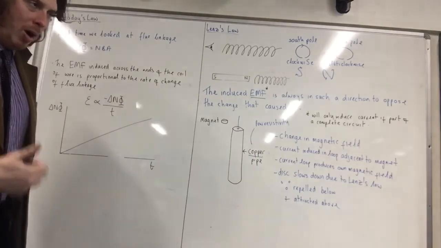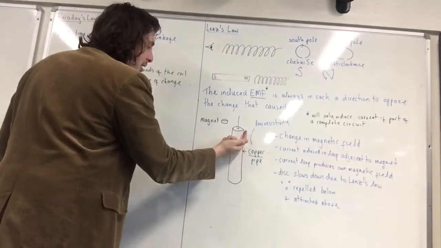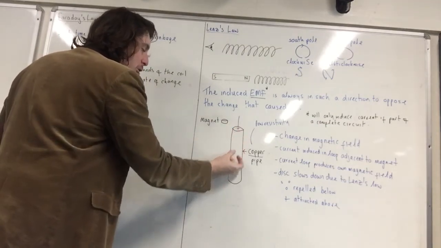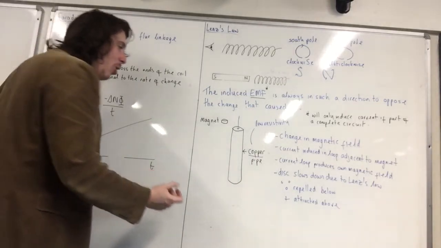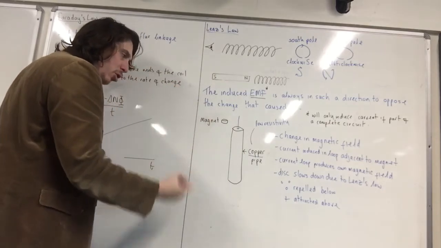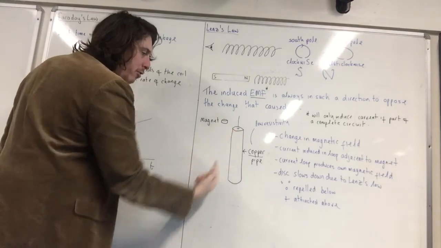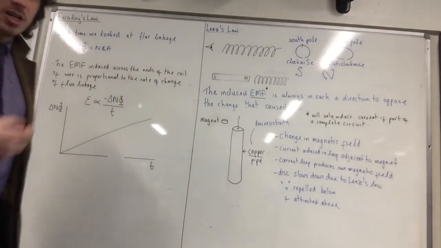Because of this induced current and induced magnetic field, the disc slows down as it falls through, and that's due to Lenz's law. The induced EMF is going to oppose the change that causes it. So as the magnet falls down, it's going to be repelled from below, and attracted from above, to oppose that change.